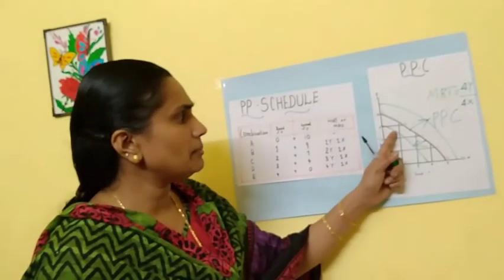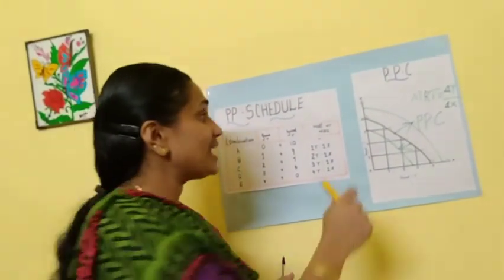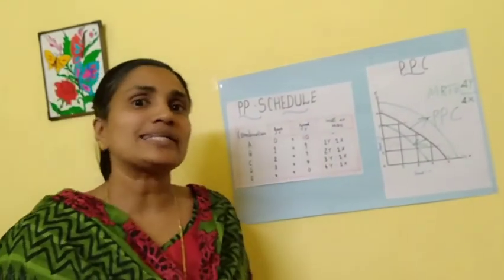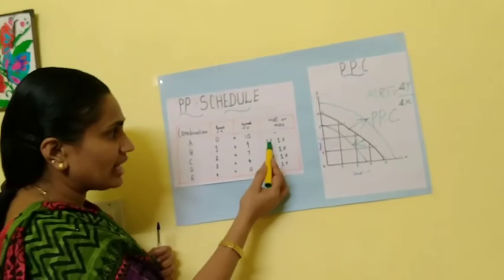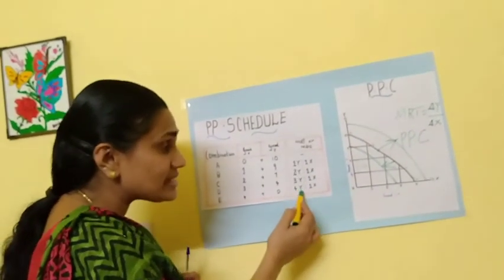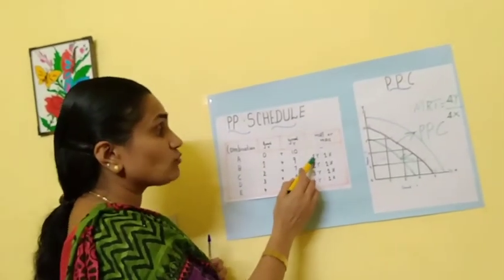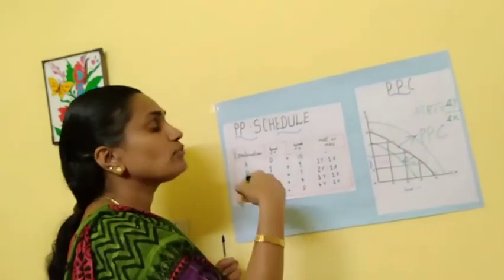Again, sometimes this PPC will be constant in nature, a straight line instead of this concave. Here we can see that the amount of y we are sacrificing is increasing. Instead of it, this is the same. We are sacrificing 1y for 1x, 1y for 1 more x, 1y for 1 more x.